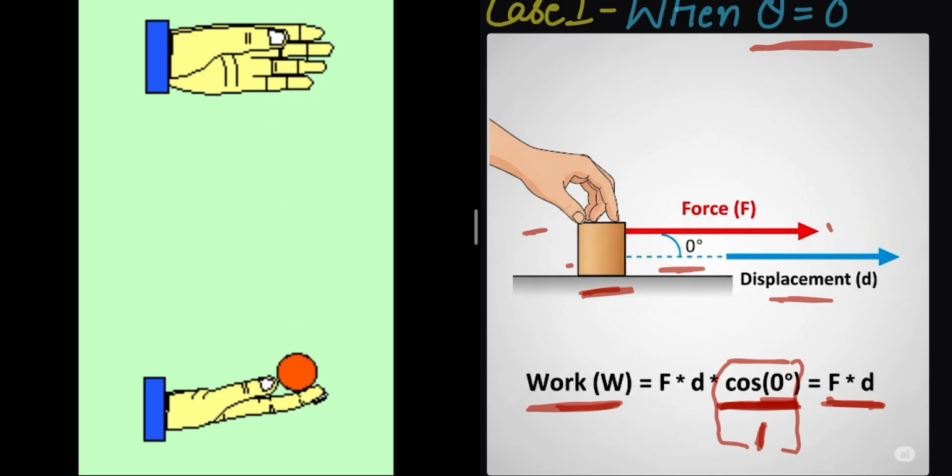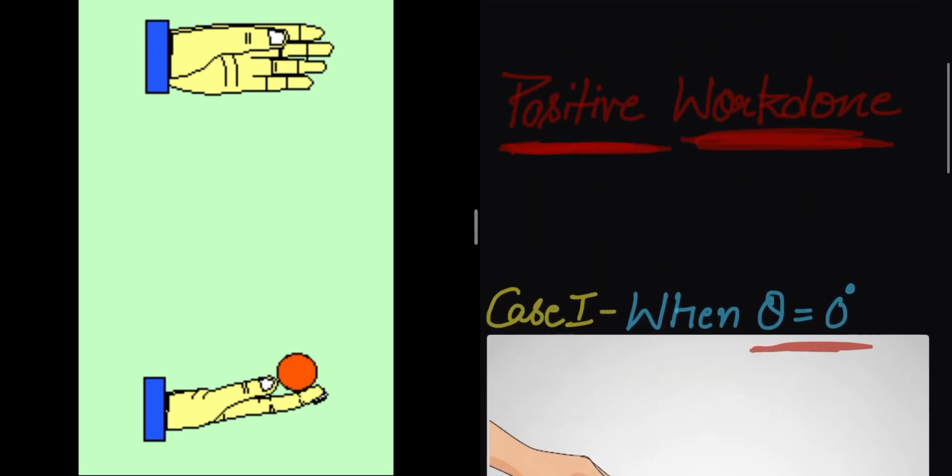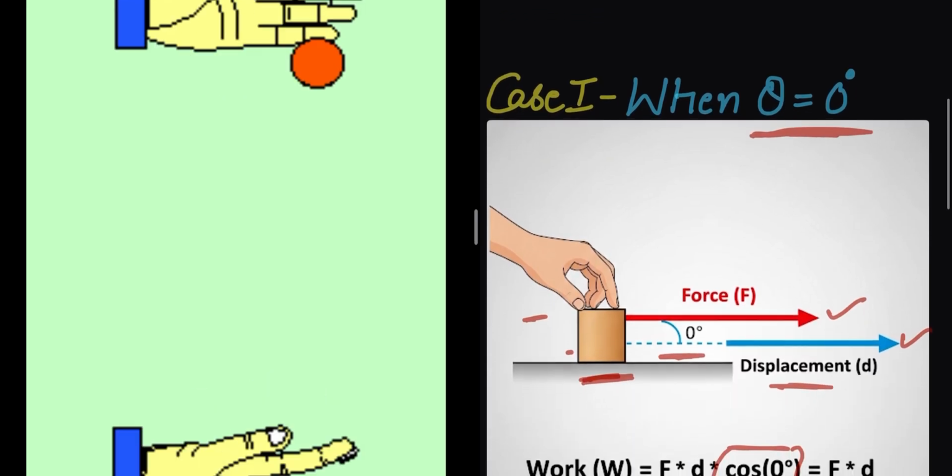Look here, both arrows' directions are the same. The direction of force and displacement is the same: the direction in which we are applying the force, the object is also moving in that direction. In that case, the angle between them is 0, and the work done is of which type? Positive work done. Let's start discussing the examples of this.